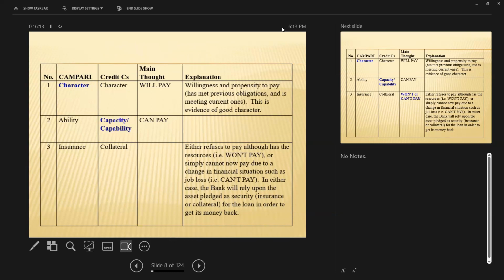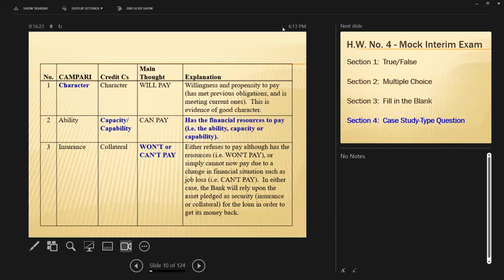The third is won't or can't pay. And then the fourth one is has the financial resources to pay.